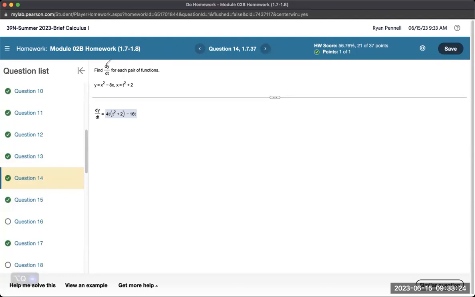All right, what do we have here? Find dy/dt for each pair of functions. y equals x squared minus 8x, x equals t squared plus 2. This is very similar to the u's, except we're dealing with x's. So y equals x squared minus 8x, and x is defined to be another variable.